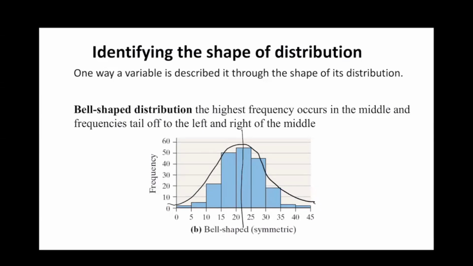If it looks pretty close, we can call it bell shaped. This is like the gold standard. This is what we want. Most of the analysis that we do requires bell shaped, and there are things we do if it's not, but mostly we want bell shaped.